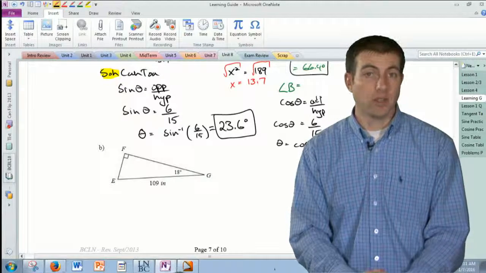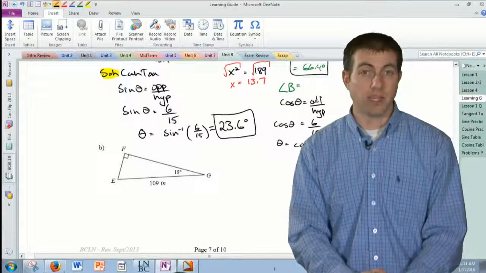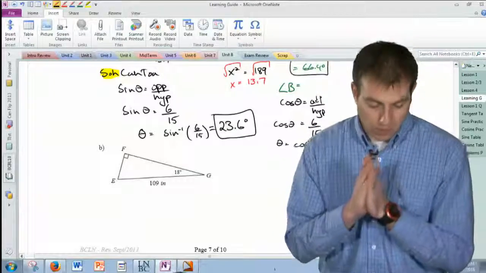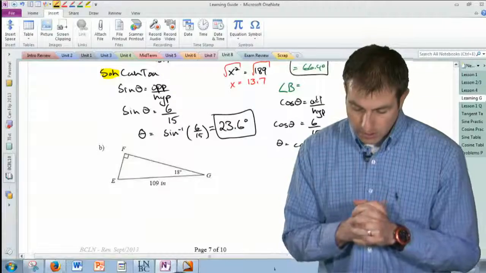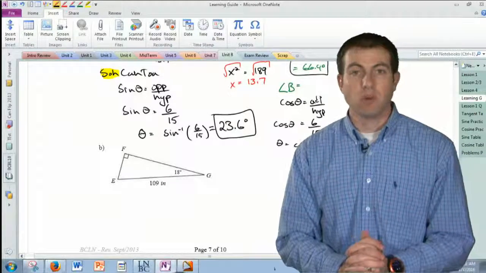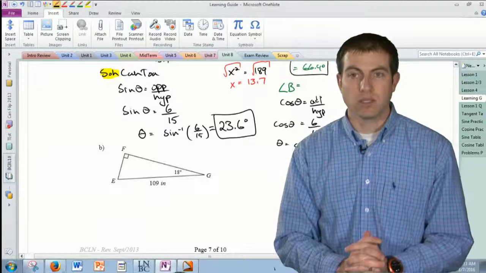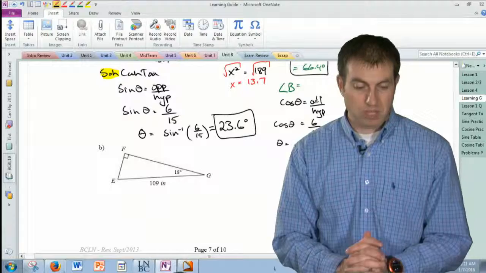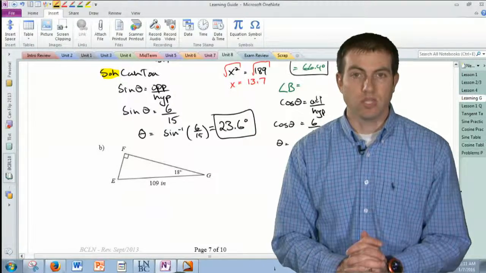Or once you find a second side, you can use the Pythagorean theorem to find the third. There's no rules. So we'll put 15 minutes on the clock. In 15 minutes, we'll come back, see where everyone's at. Try a few different types of questions. If you have anything that's pressing along the way, you can throw a question into chat as you go. Maybe somebody else will be able to help you out. So we'll see you guys in 15. Thanks.